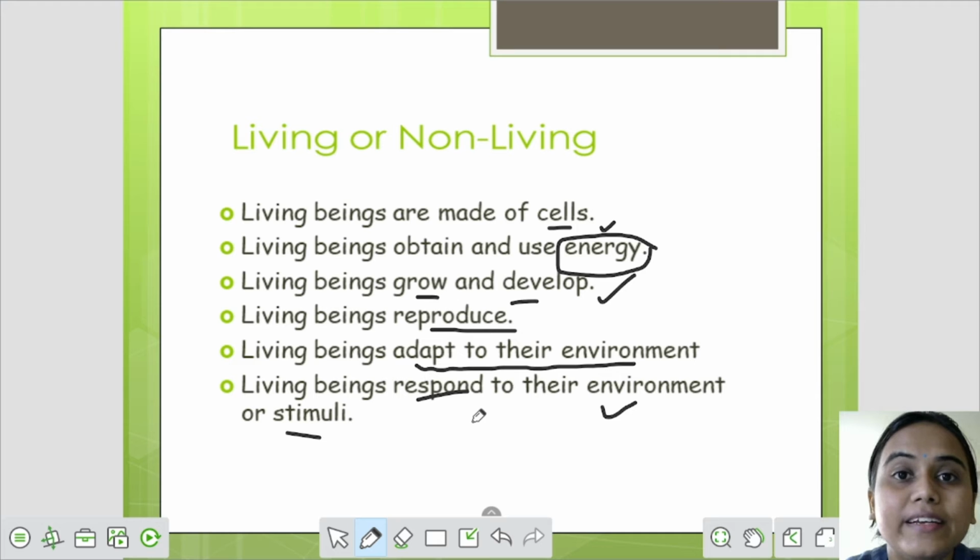You will immediately try to run, or you will sweat, you will be afraid, right? So this is a response to the stimulus, and the stimulus here is a lion. So whatever response we give to a certain thing, that thing is known as the stimulus. Okay, so this is the difference between living and non-living organisms.